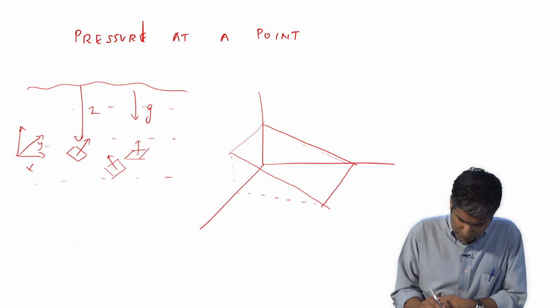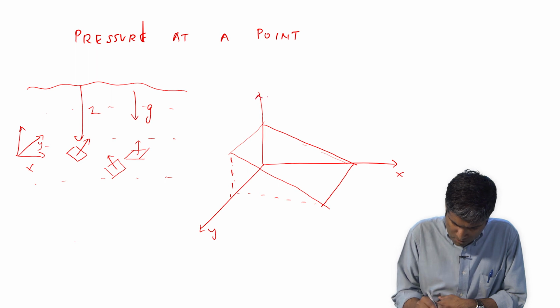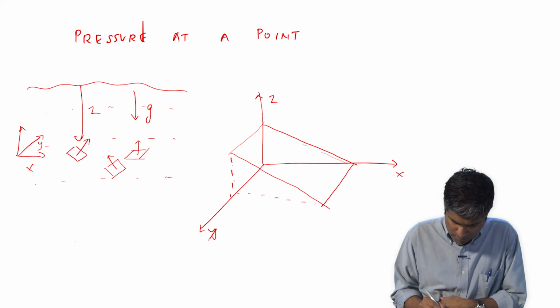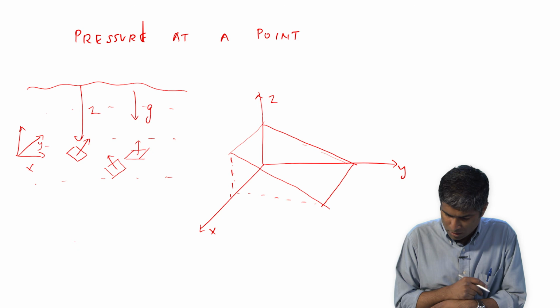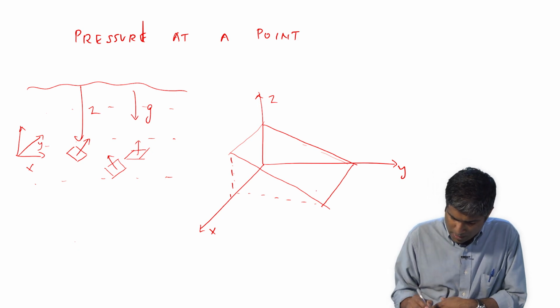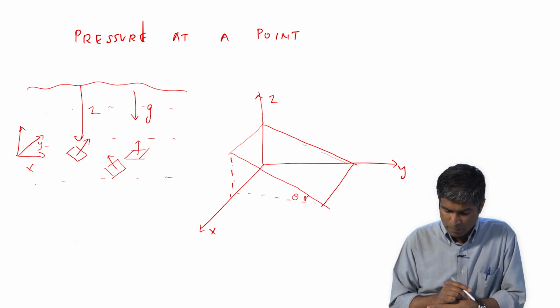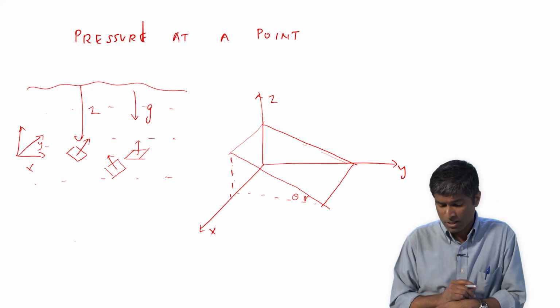Let's say that's X, that's Y, and that's Z. Actually, let's make it a right-handed coordinate system. So that's X, Y, Z that way. And there's an angle that this surface is making with respect to the XY plane, and gravity, of course, is acting at the center of mass in this case, and acting downwards along Z.